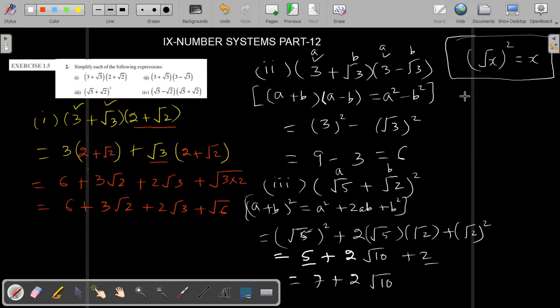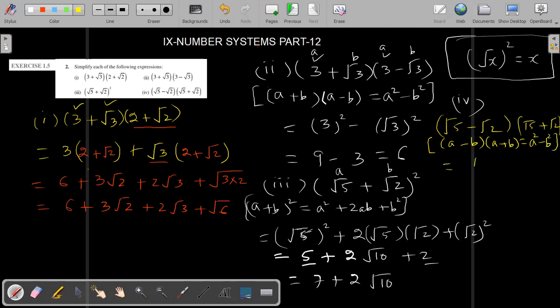Similarly, for the fourth question, root 5 minus root 2 multiplied with root 5 plus root 2. This is a different formula. Here you have a minus b and a plus b, which is equal to a square minus b square.